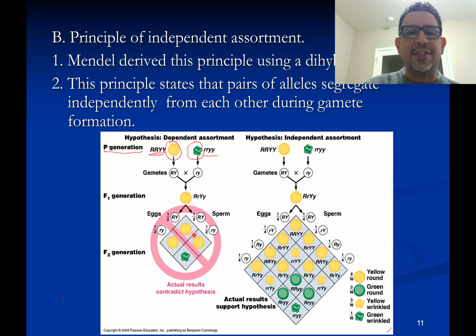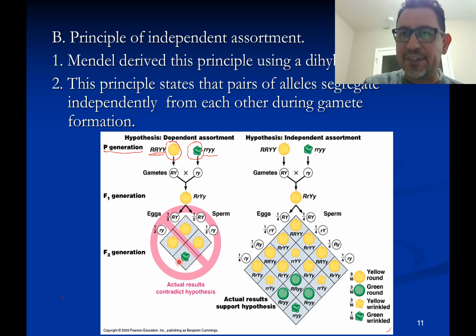If that is the case, the outcome of the phenotypes for the F2 generation is going to be similar to what we saw in the law of segregation. There's going to be 3-to-1 ratios. 3 of the F2 generation plants producing the dominant traits and 1 out of the 4 producing the recessive phenotype.